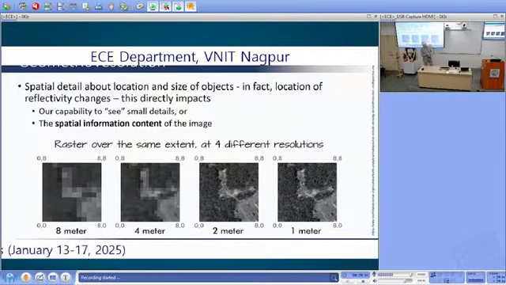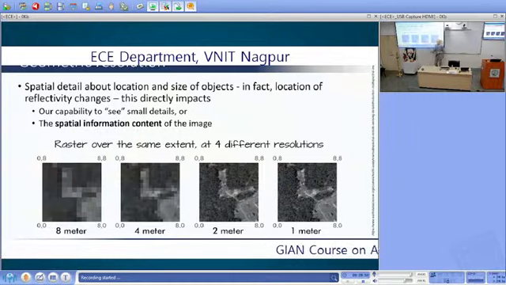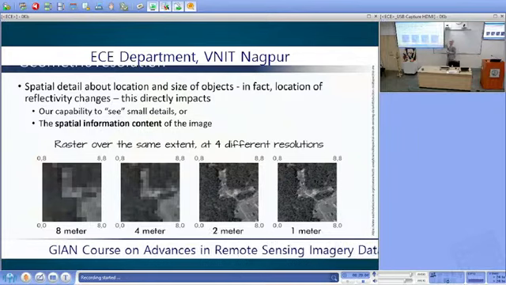Technically speaking, it's very difficult to increase the spatial resolution. So 1 meter data doesn't come for free. 0.5 meter, it's even worse.